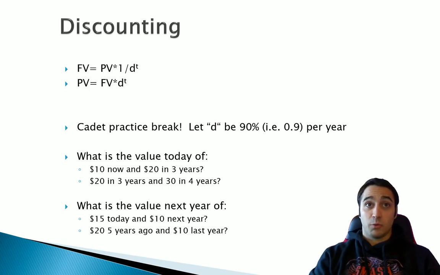Also, what's the value today of $20 received in 3 years and $30 received in 4 years? Next, what's the value next year of $15 received today and $10 received next year? Also, what's the value next year of $20 received 5 years ago and $10 received last year? See if you can noodle those ones through and report back.